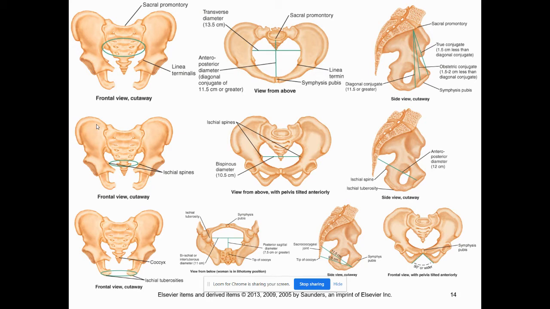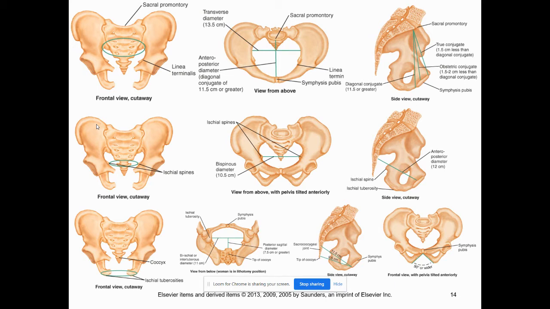So if you look at, for instance, the very top middle pelvis, if you're looking from above straight on through the pelvis, you can see that the diameter between the sacrum and the symphysis pubis is 11.5 centimeters, and the transverse diameter between the two outer side edges of the internal opening of the pelvis is 13.5 centimeters. And of course that's optimal. This would be kind of the perfect pelvis.